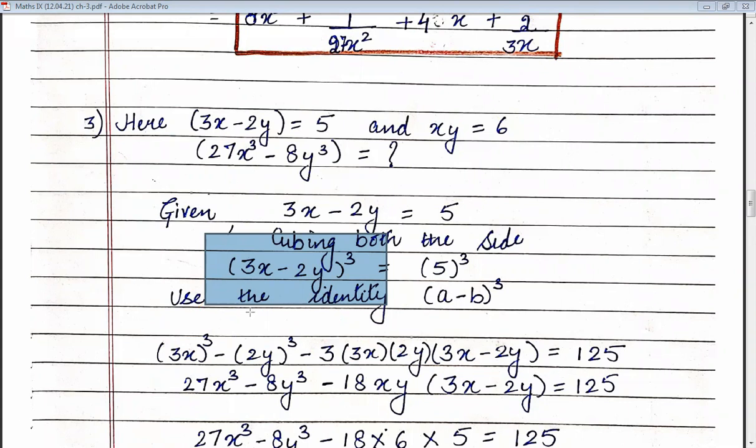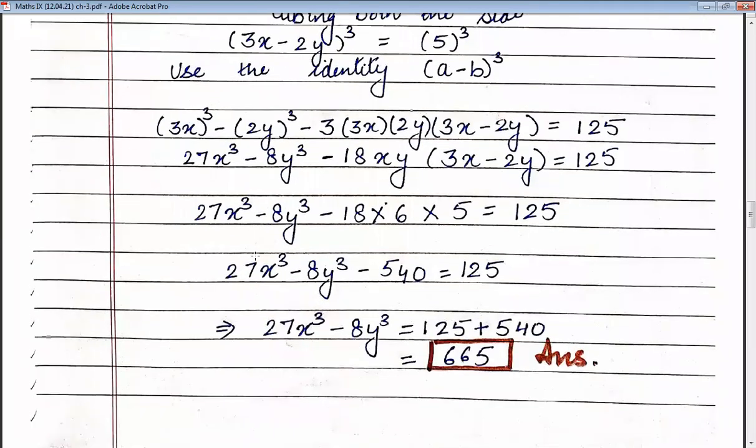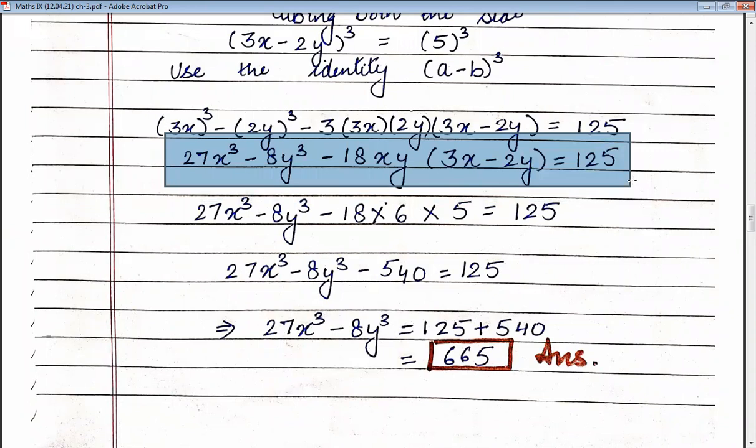Now just use this formula and convert into the lowest form, and you will get 27x cube minus 8y cube minus 18xy times (3x minus 2y) is equal to 125. Now children, you can see in the question that you are given the xy value also.